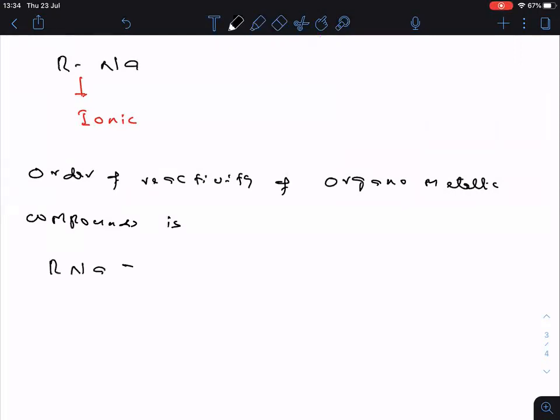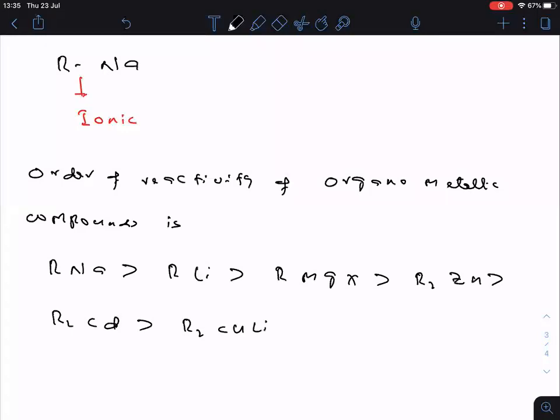What is the order of reactivity? RNa greater than RLi greater than RMgX greater than R2Zn greater than R2Cd greater than R2CuLi. Clear? The order of reactivity of organometallics is this one.